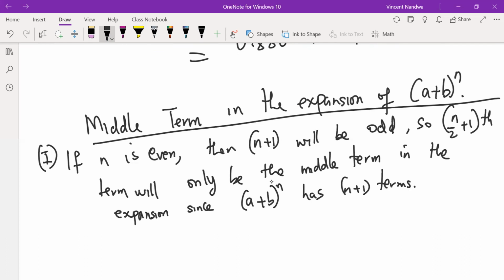So we're saying that if n is an even number, then the middle term will be the (n/2 + 1)th term.